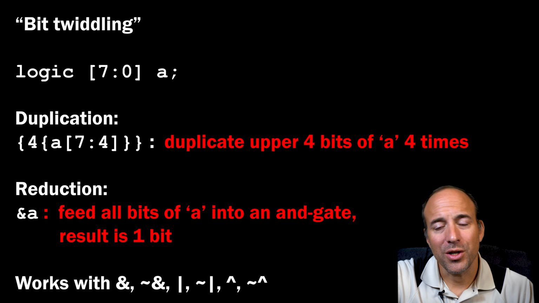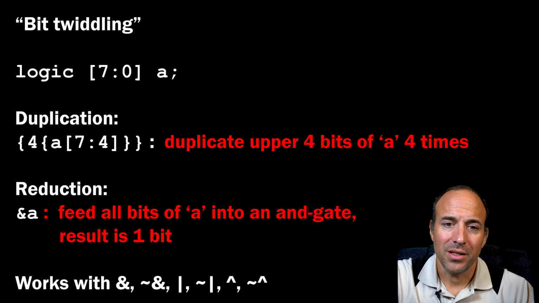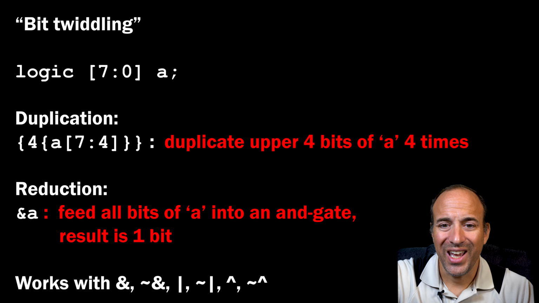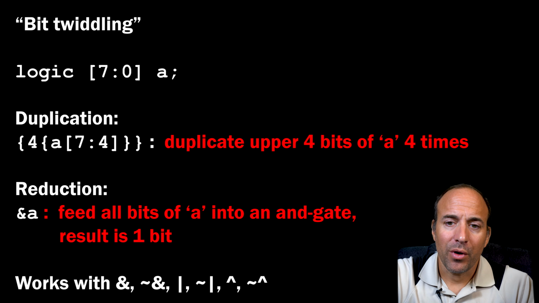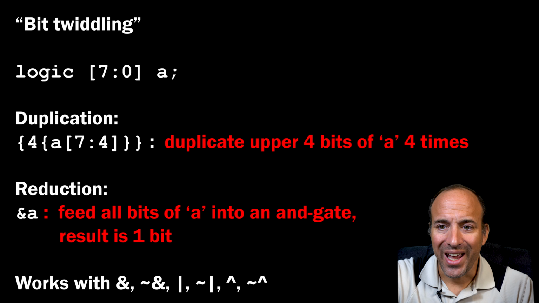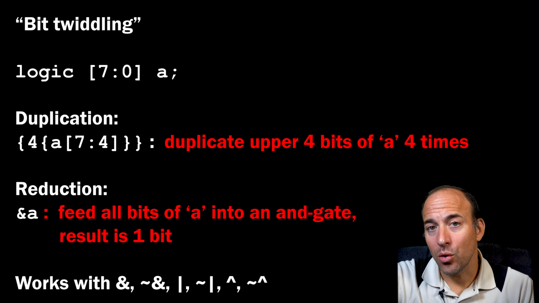So for example, the expression &A will effectively feed all 8 bits of the signal A into an 8-input AND gate, giving a 1-bit result. Reduction operators exist for AND, NAND, OR, NOR, XOR, and XNOR operations.